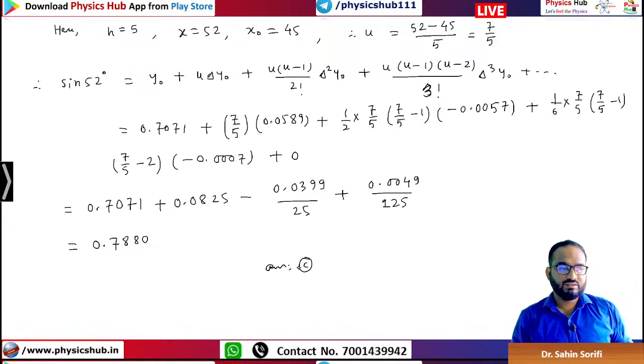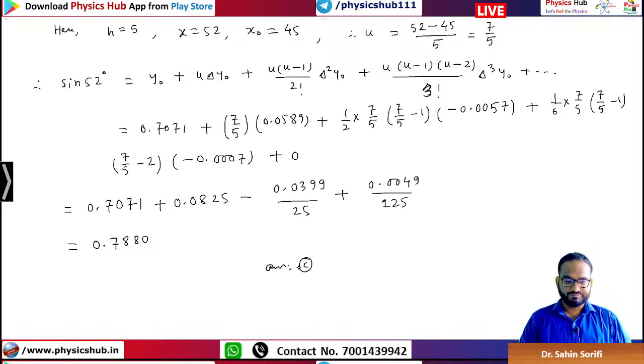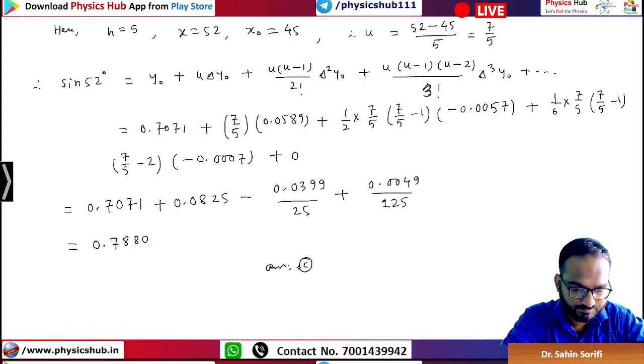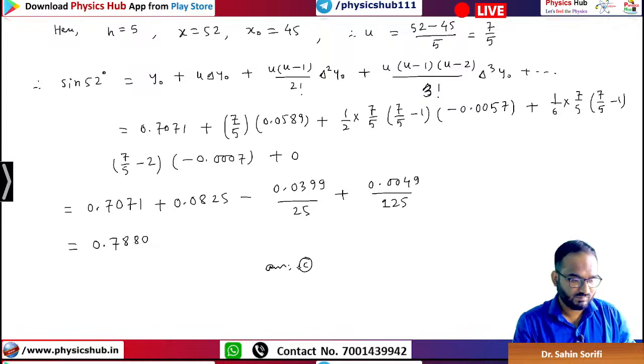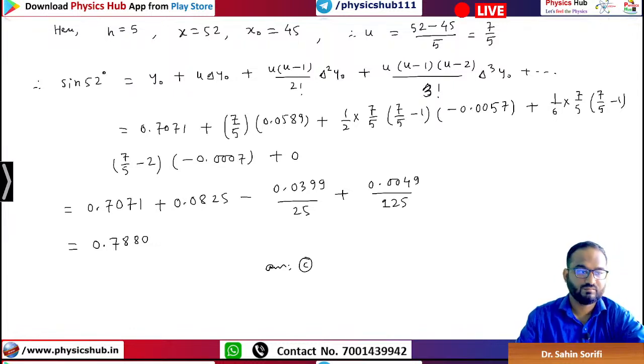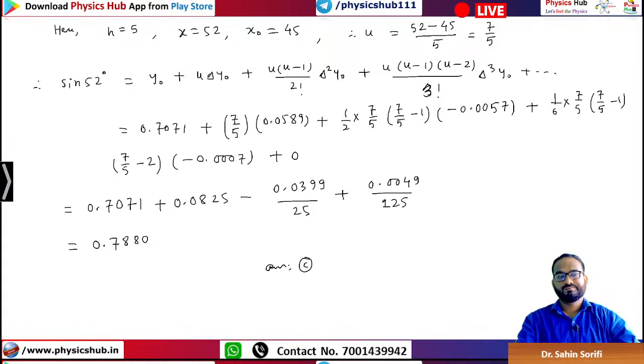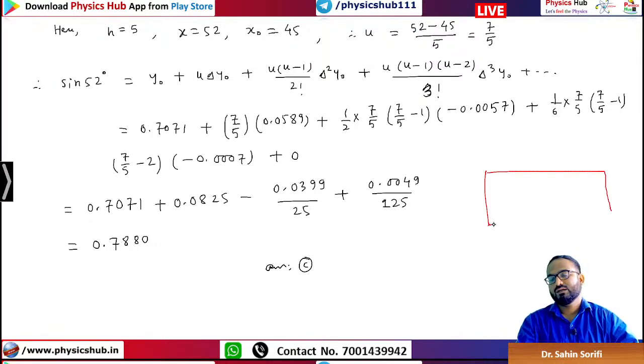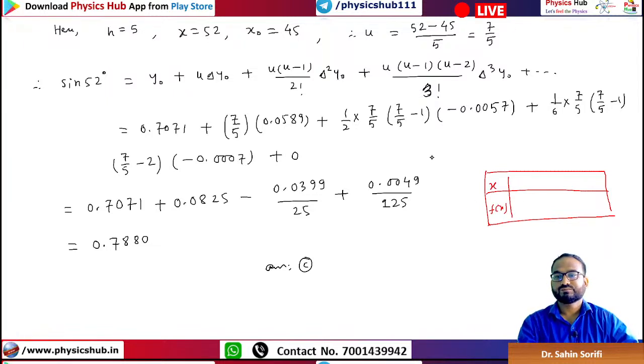Let me know once it is done, then we'll go for Newton's backward interpolation formula. Newton's forward interpolation formula is used to find values near the beginning of the table, in this region.